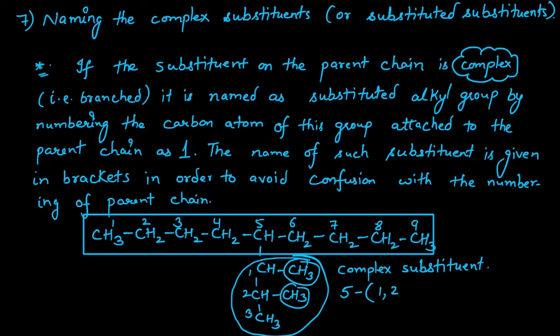If we carefully observe this, this is a 3-member carbon chain having 2 methyl groups at first and second carbon. So, this becomes 1,2-dimethyl propyl group, and we have 9 carbon main chain, so it is nonene.